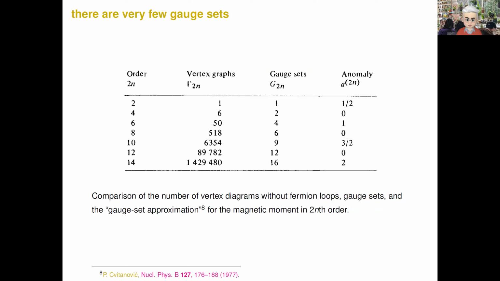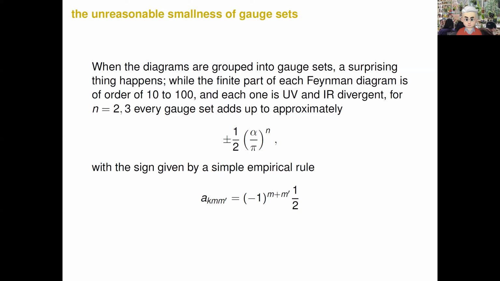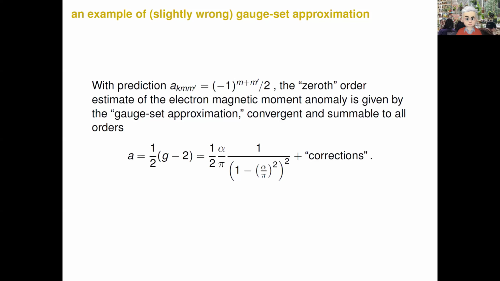I mean, let's say n factorial. And this is unreasonably small. It says each gauge set is of size 1/2.